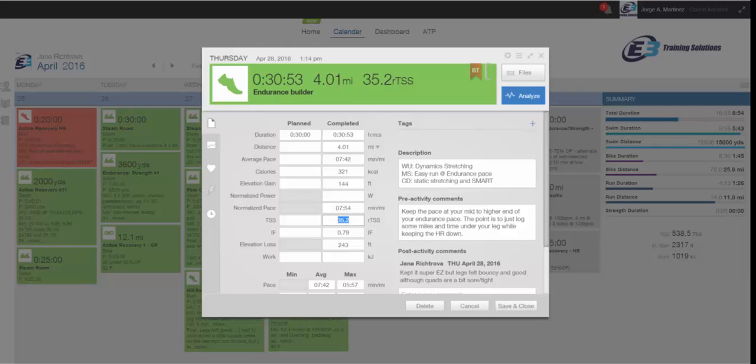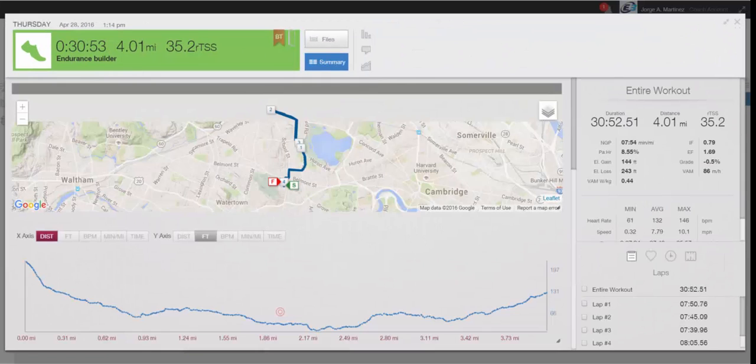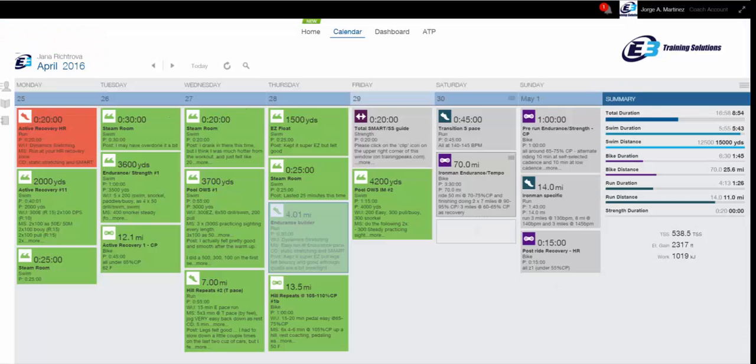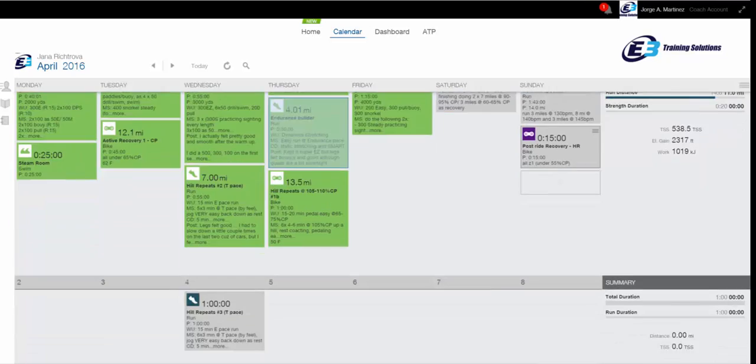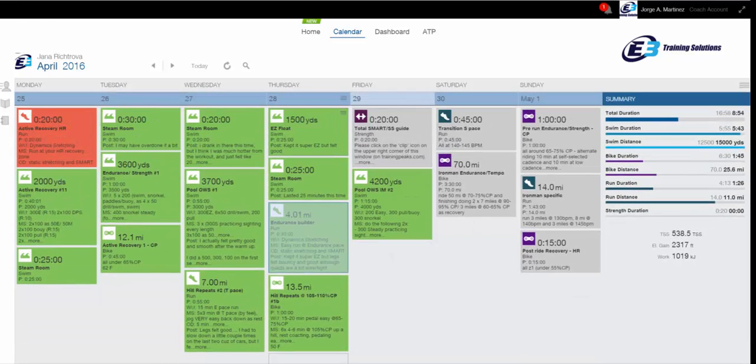You can go to analysis and get a better idea of how this is relating to your training. And if you see a number that seems funky, let me know, because sometimes we might have uploaded the file and the file was not properly saved. Sometimes it happens with all the devices, and it gives us weird numbers. So I'm keeping an eye on these things, but as with everything, some things might fall through the cracks. So if you notice something, let me know.